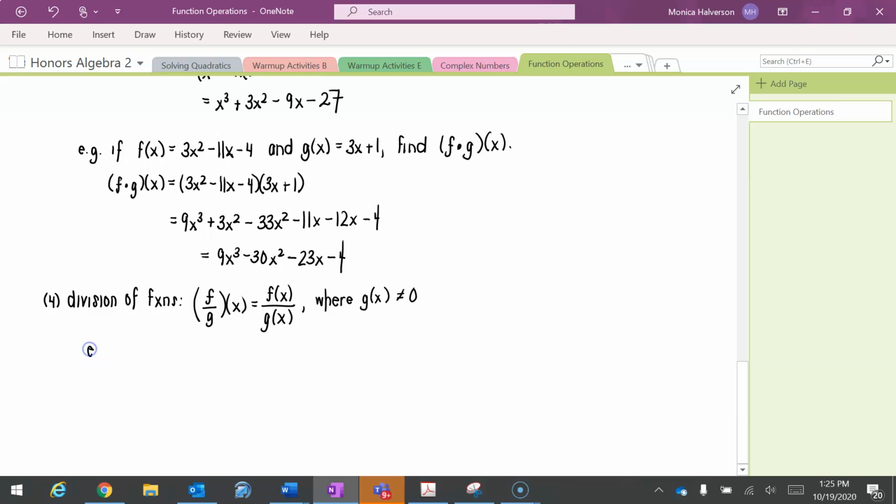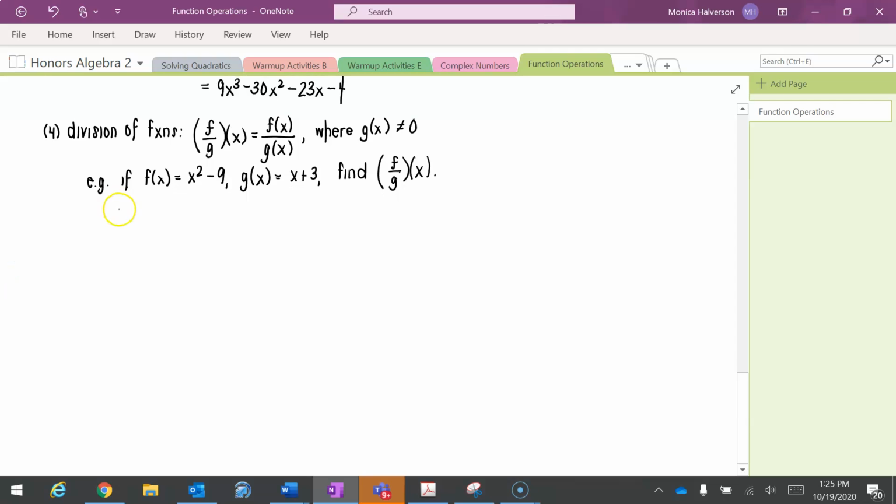So let's go back to this example. If f of x equals x squared minus 9 and g of x equals x plus 3, find f over g of x. So this is a little bit different. So step 1 is you are going to state what the denominator cannot equal.